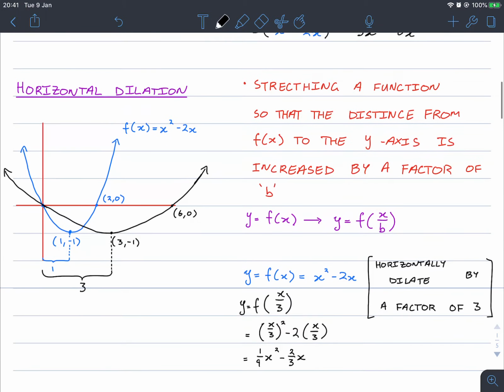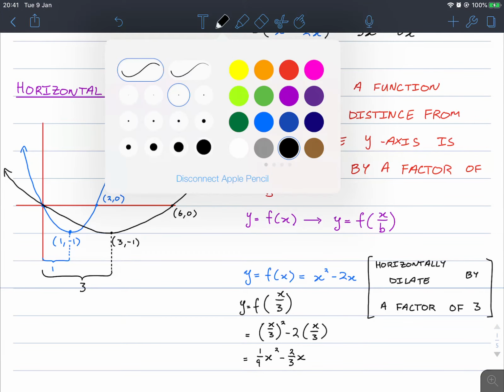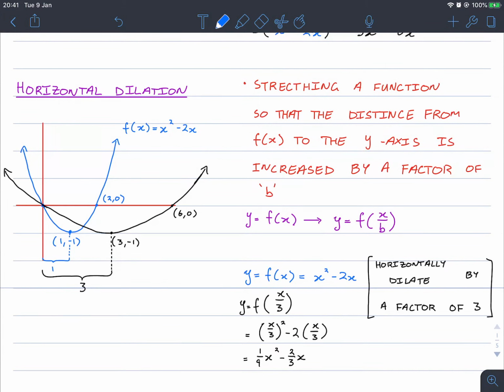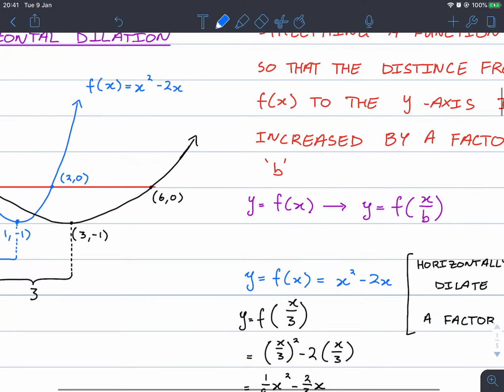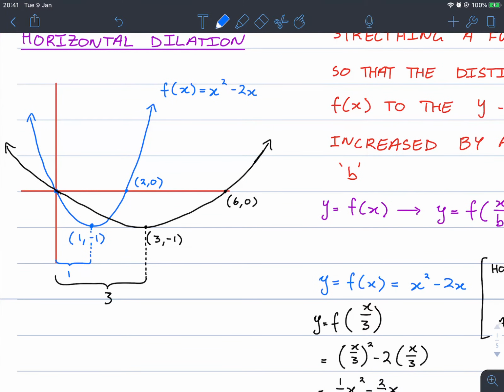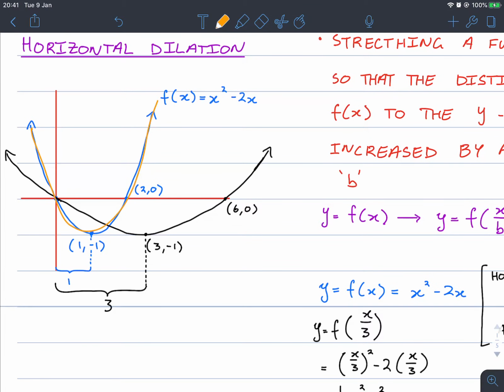For horizontal dilations, it's the stretching of a function so that the distance from f of x to the y-axis is increased by a factor of b. This is accomplished by substituting x with x over b. Just to emphasize this again, take a look. In the original function, the distance from the vertex to the y-axis is 1.